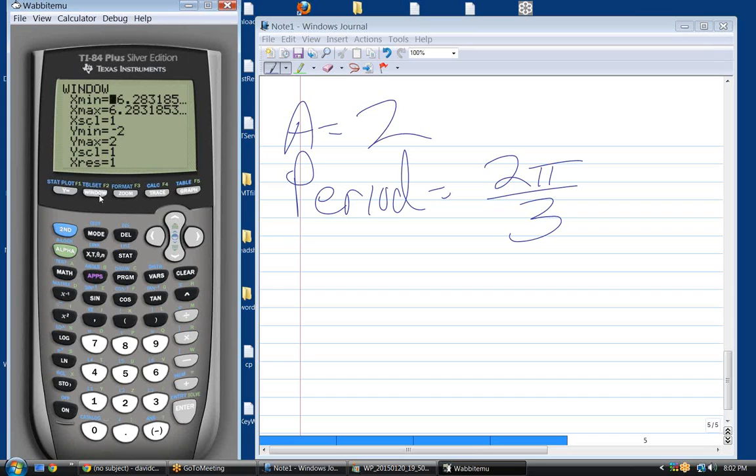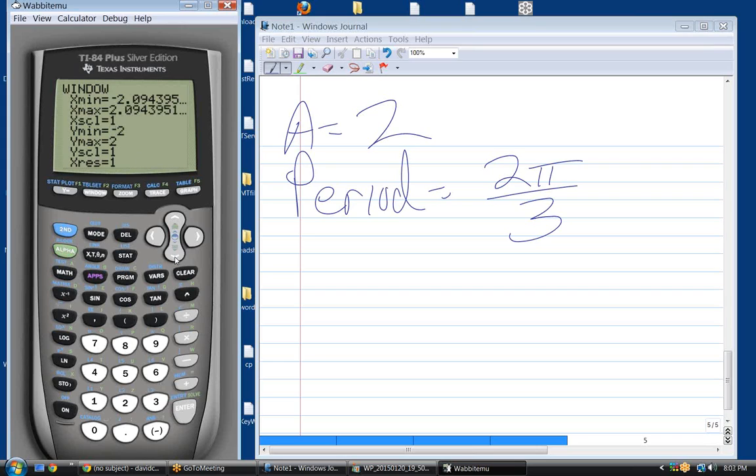And the window, again, is minus 2 pi divided by 3 to 2 pi divided by 3.